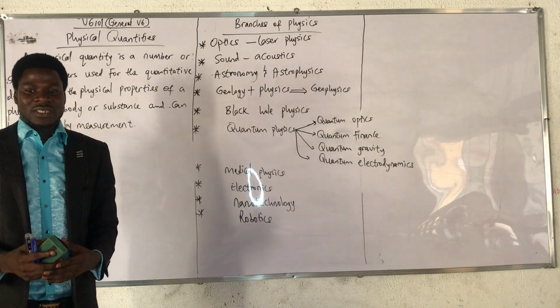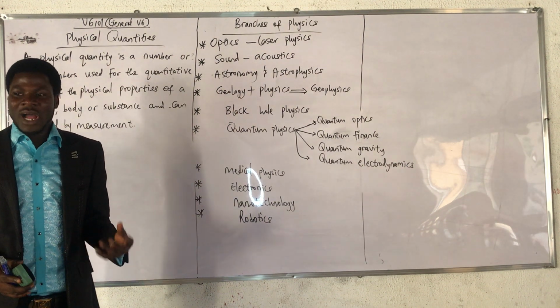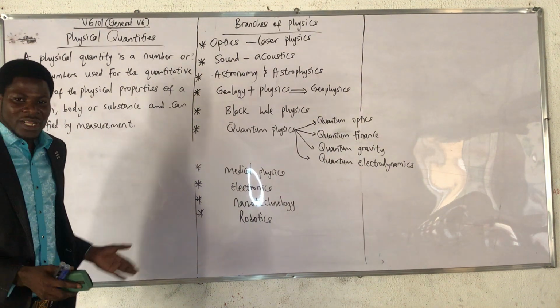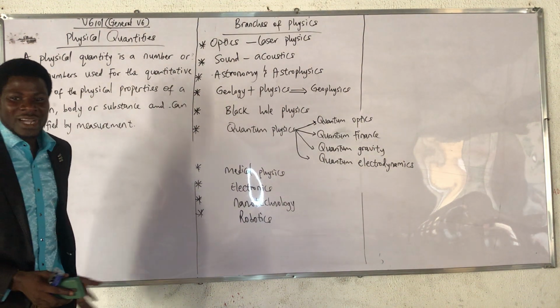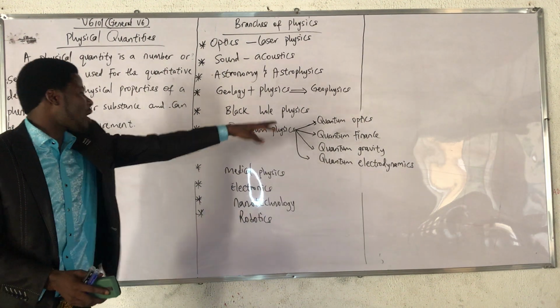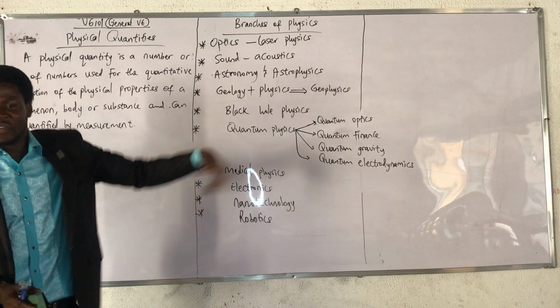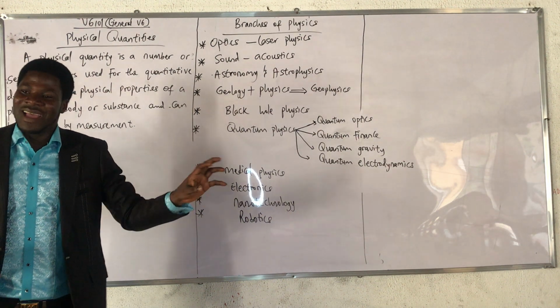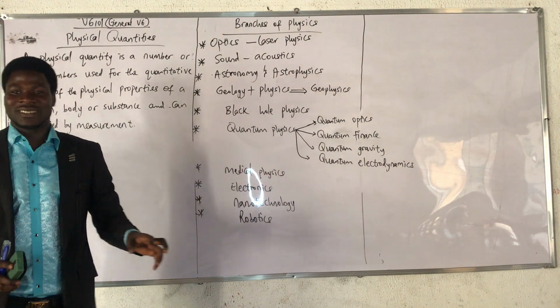Physics is evolving from just studying the fundamental nature of the universe. It has even gone into electronics. It has gone into computers, even medical physics, even quantum physics, quantum finance. Imagine using quantum mechanics to study finance and economics.